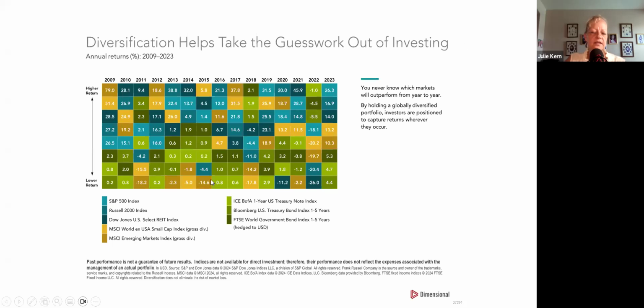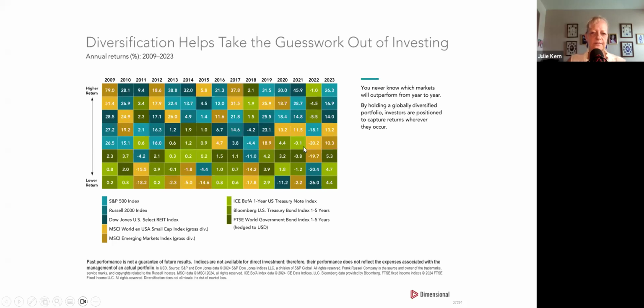But just by eyeballing this whole chart, which goes back to 2009, you can see that it's pretty much a random pattern. In general, the greens tend to be closer to the bottom, which is what we would expect because bonds don't produce as high returns as stocks.